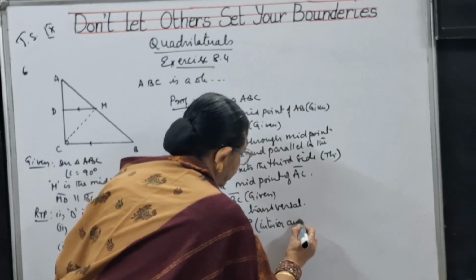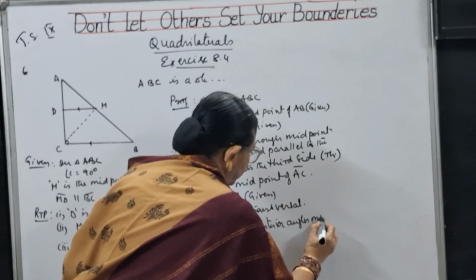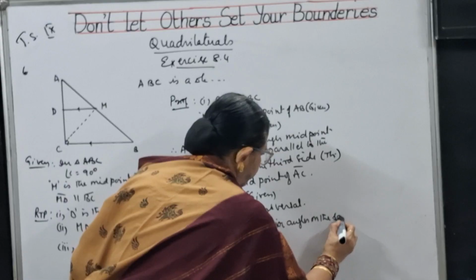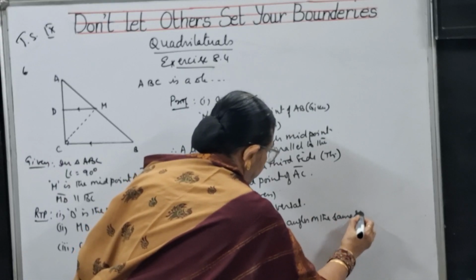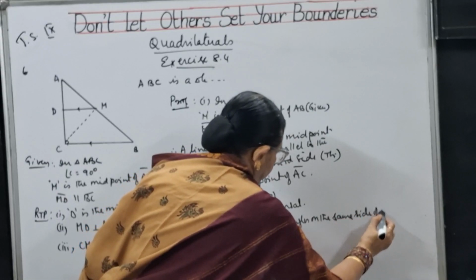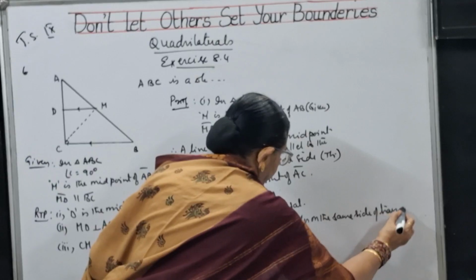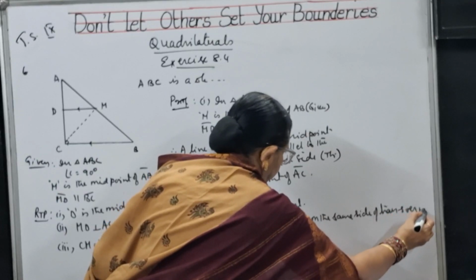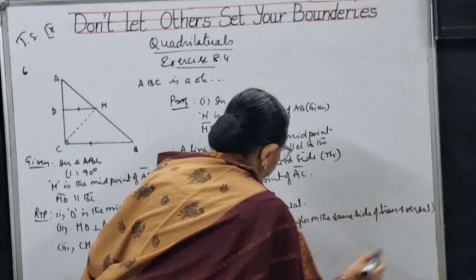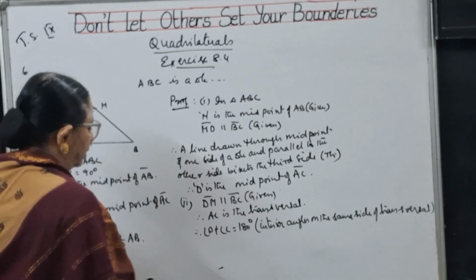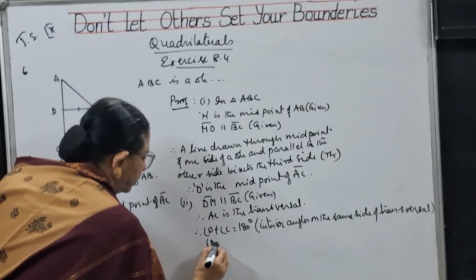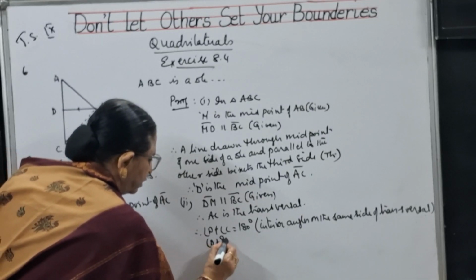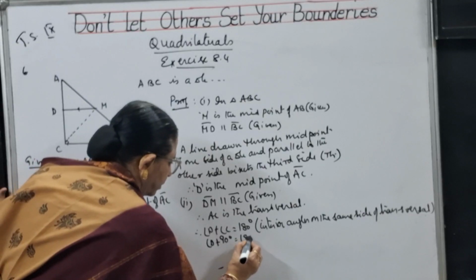Interior angles on the same side of transversal. So 180. That means angle D plus angle C is 180 degrees, and angle C is 90 degrees.